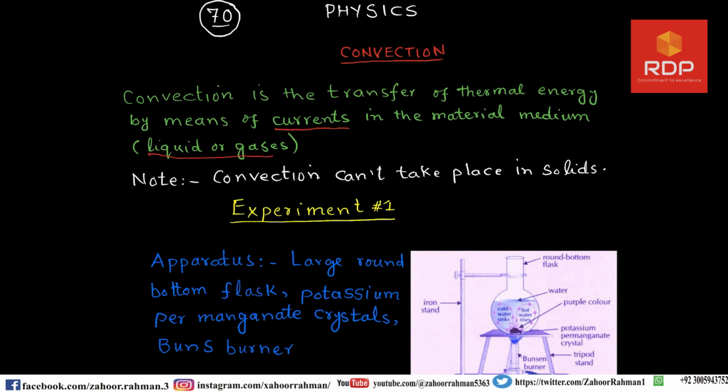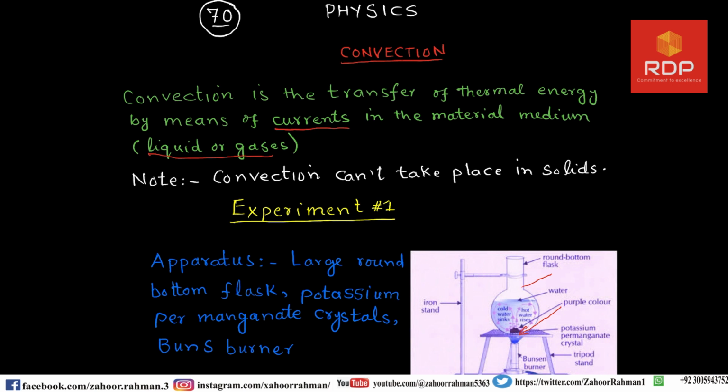So let us first observe it in liquid. For the experiment, we need a large round bottom flask. You can see this in the figure. And then we need potassium permanganate crystals, which are shown here in the figure.